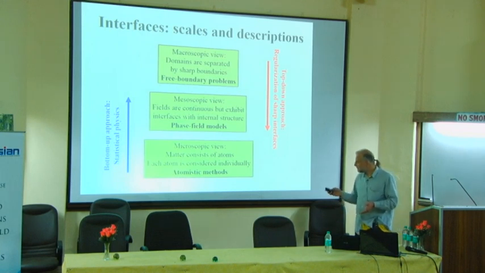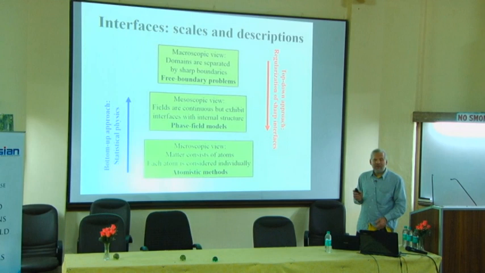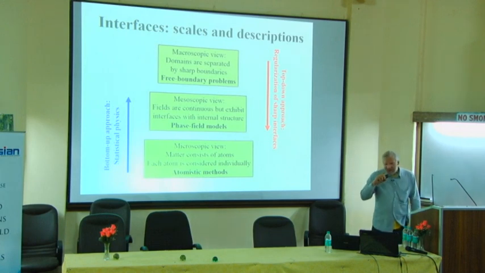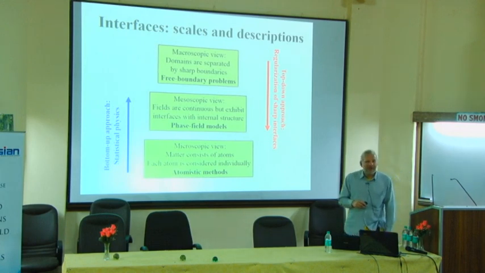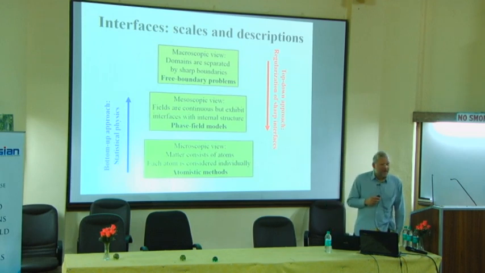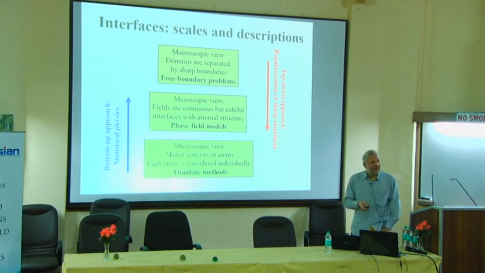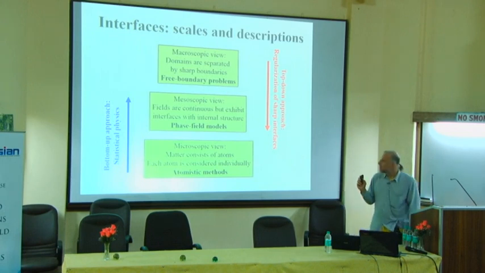Okay? And that's what we are going to talk about. And there is, in some sense, two opposite and complementary ways how you can motivate, use, and understand phase field models. And these two approaches are indicated by these two opposing arrows.